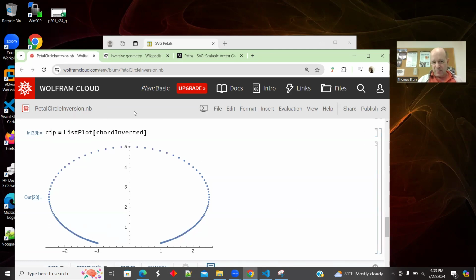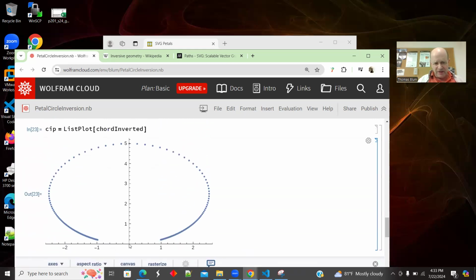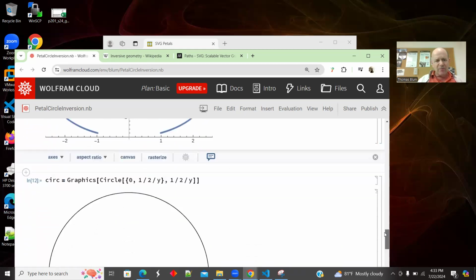So I played the game to do all the chord inversion. But now I'm taking a circle, and I just argued that if my chord was at 0.2, then this is at 1 over 0.2, but the radius of the circle and the center of the circle are at half of that. So I've made a circle here. The x is 0. The vertical position of it is 1 over 2y, and the radius is 1 over 2y.